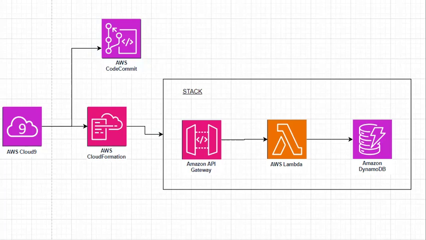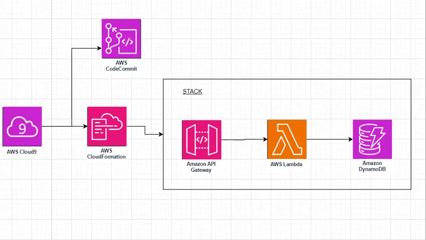So for this lab, let's start with creating a SAM template in order to create this whole stack by deploying that template in CloudFormation. To do that, let's first create this Cloud9 environment.